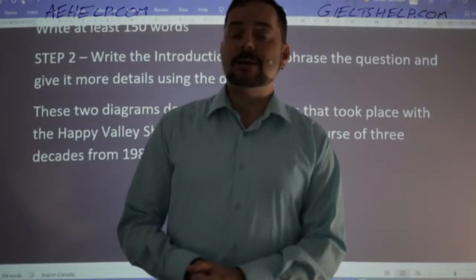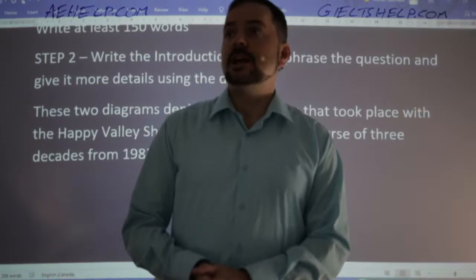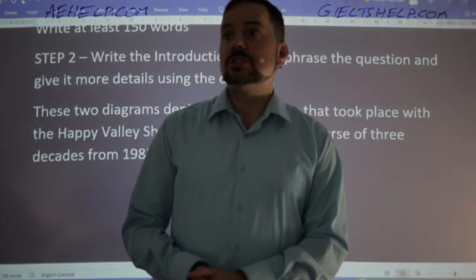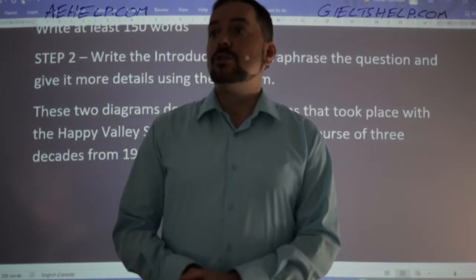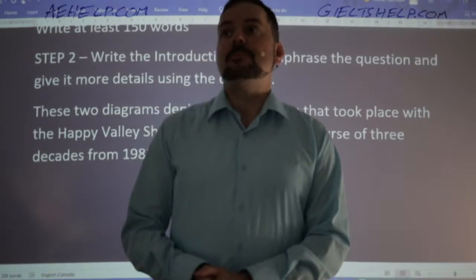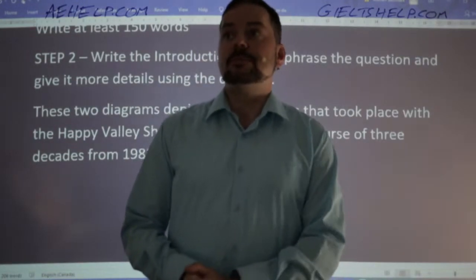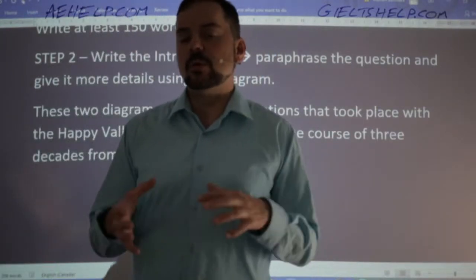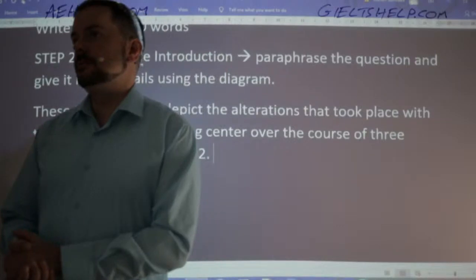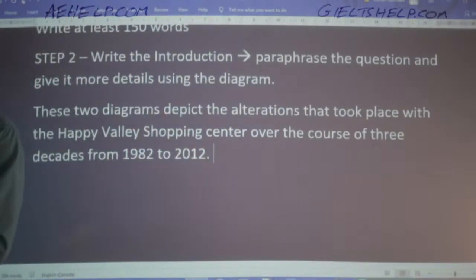So for example, June, these 2 diagrams illustrate the changes, the alterations, the upgrades, the renovations, or the ways in which Happy Valley Shopping Center altered from the year 1982. Okay, so avoid using how and when in statements. Okay, questions.